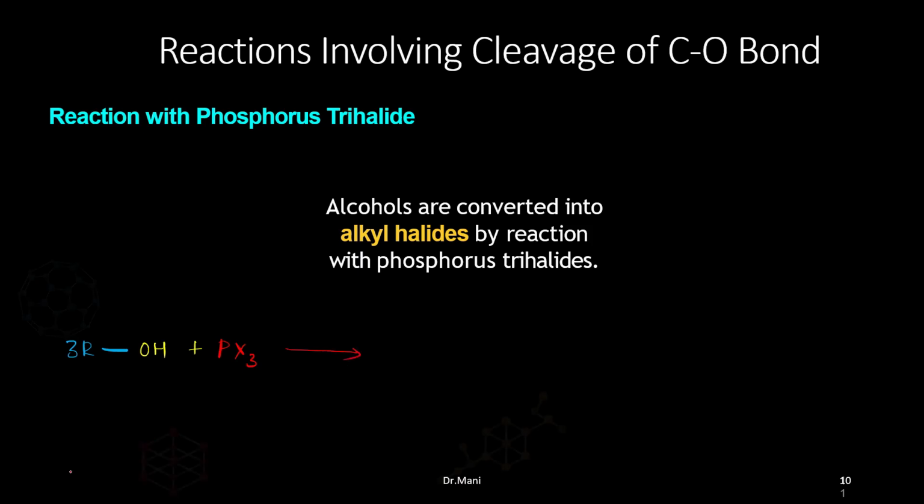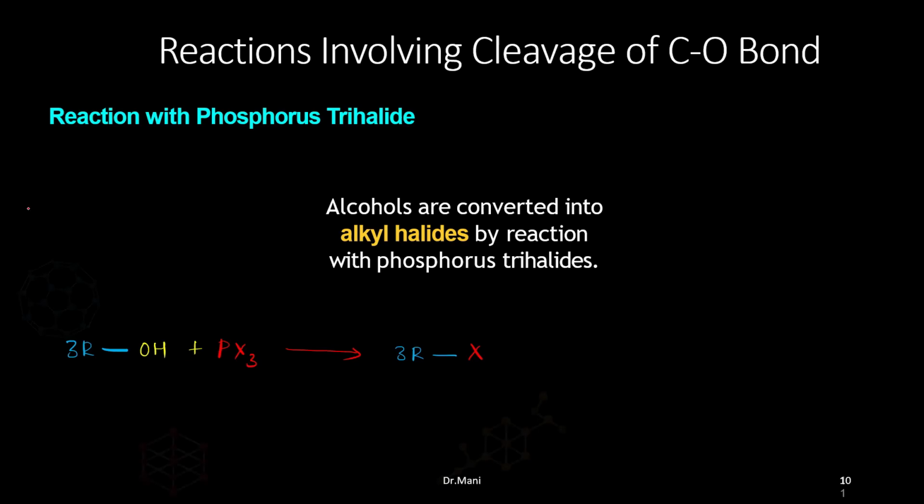Upon reaction, it will give 3RX. So whatever the X3 present here, it will break the bond with the phosphorus and each X will bind to one R. So whatever the three OHs are there, each OH will be replaced with one X.